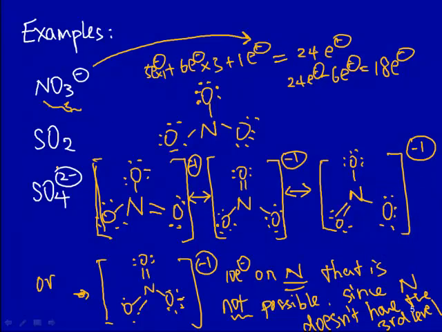So this is not allowed. So we end up with 3 resonance structures.